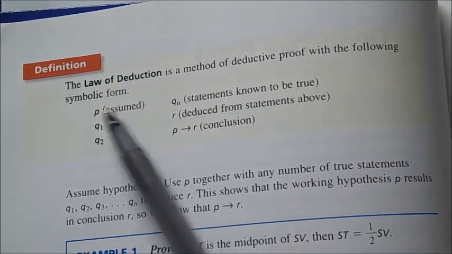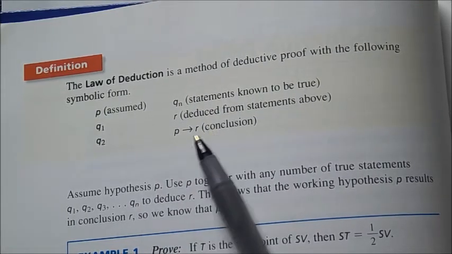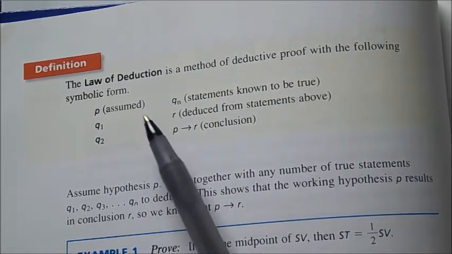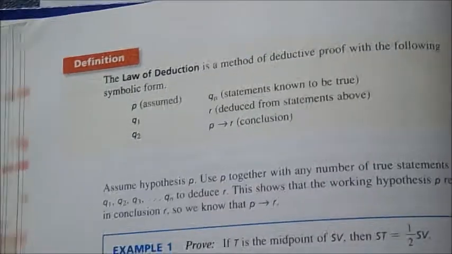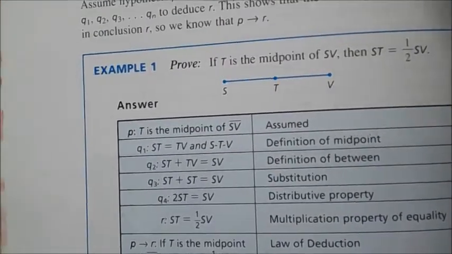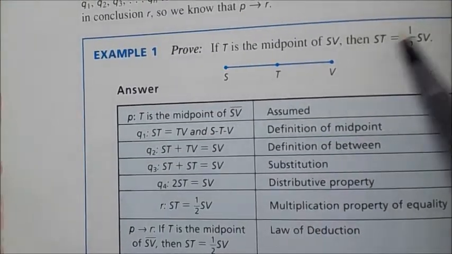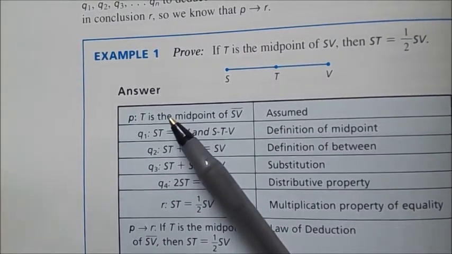And so you're going to get to say, if this was true, then R. And so you're going to write that: if P, then R, just for your conclusion. So that's what I'm going to show you, just a little example here. It says if. Notice this is an if, then. So if is going to be something that you get to assume.